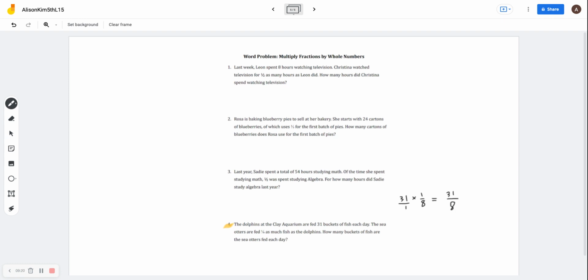For this one, you can actually choose to just leave it as an improper or mixed fraction. It doesn't matter. Just make sure that, once again, you label it. So it will be 31 over 8. I'm just going to leave it as an improper fraction. 31 over 8 buckets of fish, because we're trying to find out how many buckets of fish the otters are fed each day.